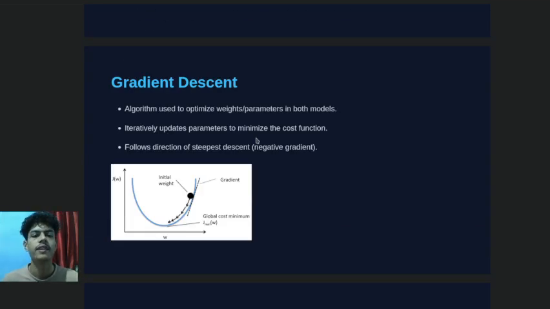Gradient descent is the algorithm used to optimize weight parameters in both models.